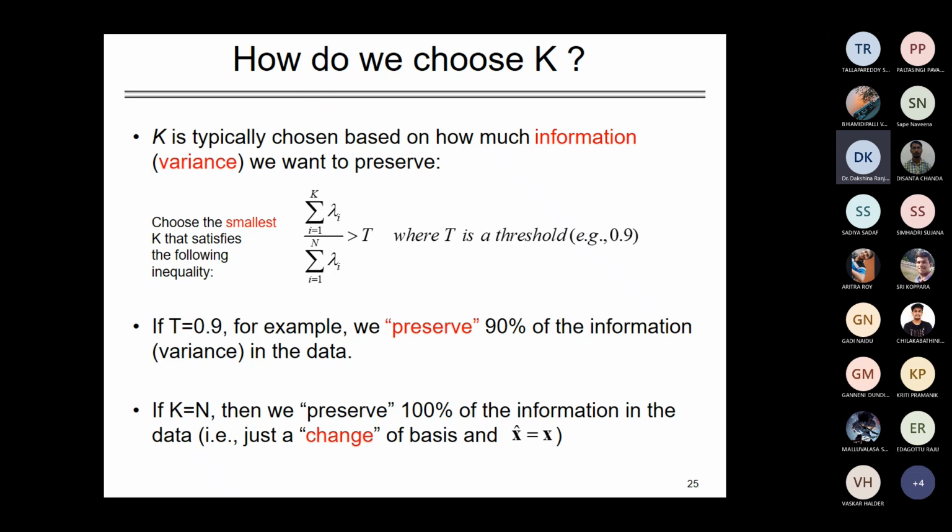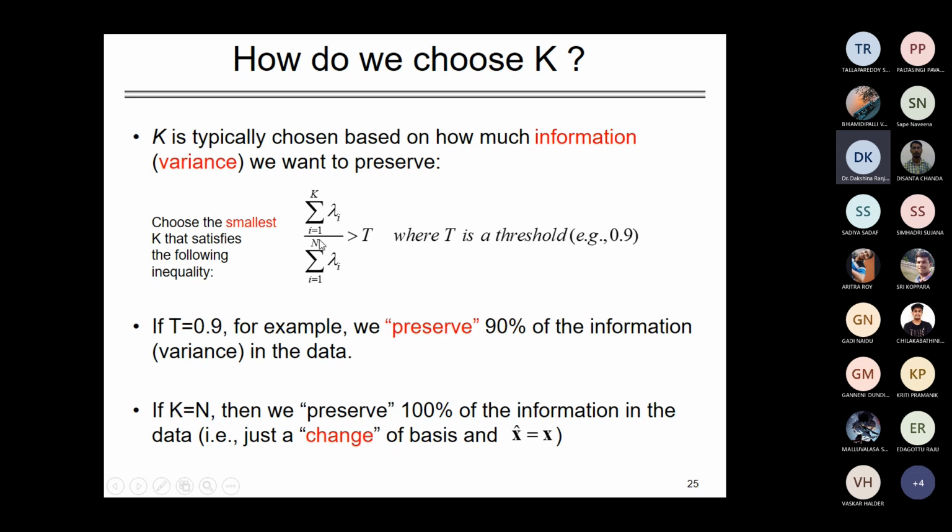and the ratio will be compared with the threshold. If we set a threshold value of 0.9, then when this inequality is satisfied by this k value, we will choose that k number of eigenvectors and eigenvalues. Otherwise, if it does not satisfy this inequality, we will change the k value and try again whether this ratio is greater than t or not.